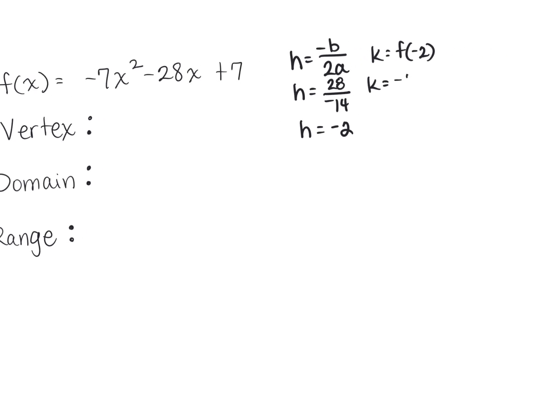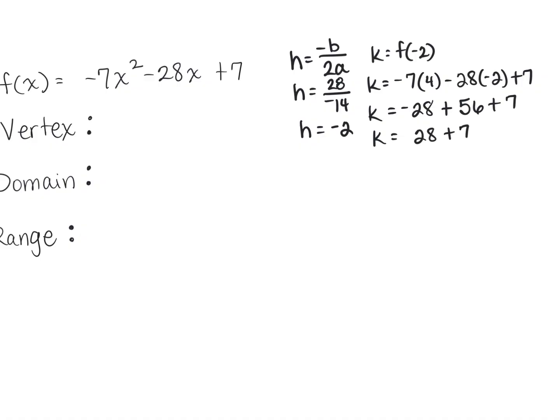I have -7 times 4 minus 28 times -2 plus 7. So we end up with k is equal to -28 plus 56 plus 7. Well, 56 minus 28 is 28, and 28 plus 7 gives me 35.